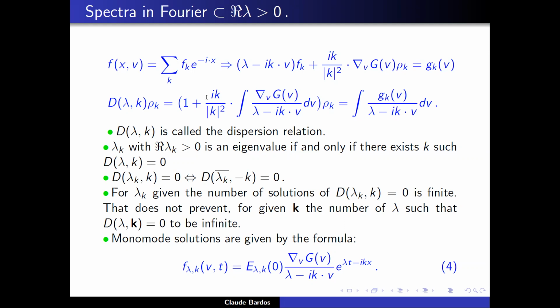And also, if you have an eigenvalue, then you can put 0 in the right-hand side, and you find out that any eigenvalue will be given by the formula E k of lambda equals 0. This is the electric field at the point 0, because I have ik times the gradient with respect to x over k squared.